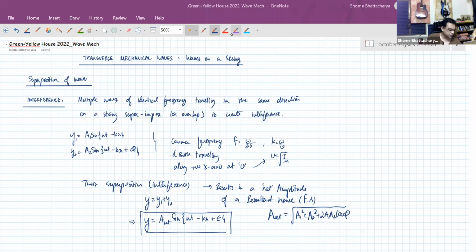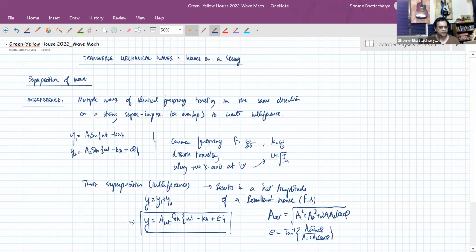Then we had gone on to see that this net amplitude and the net phase constant can also be represented by a phasor diagram, which is basically like the vector triangle diagram. So it's very easy to remember and keep in mind. Today we will start with some application examples of this concept.